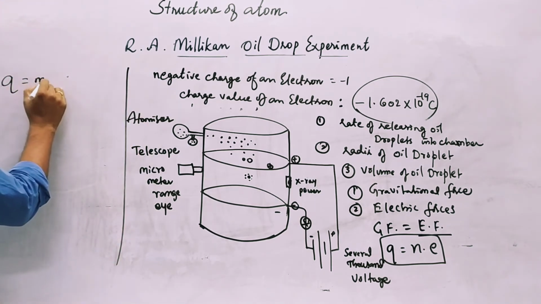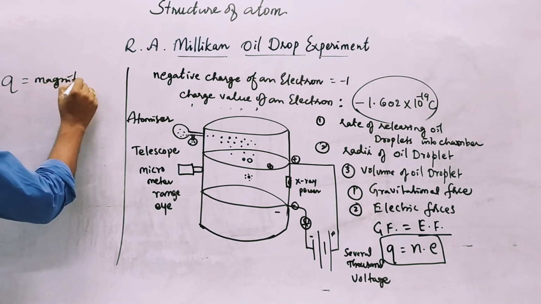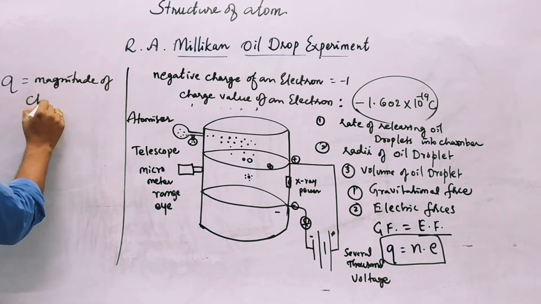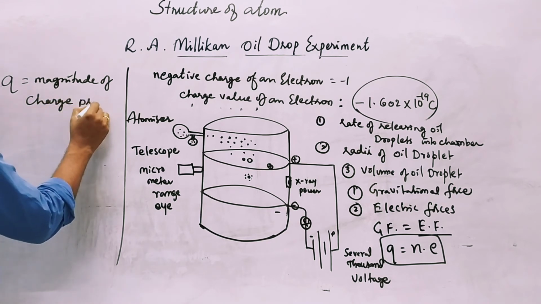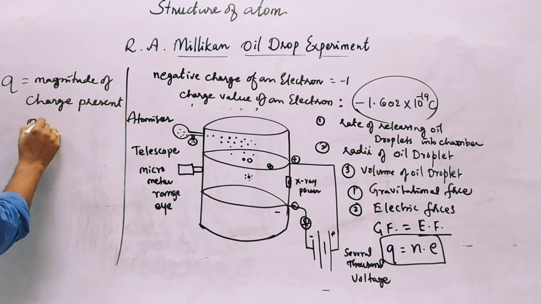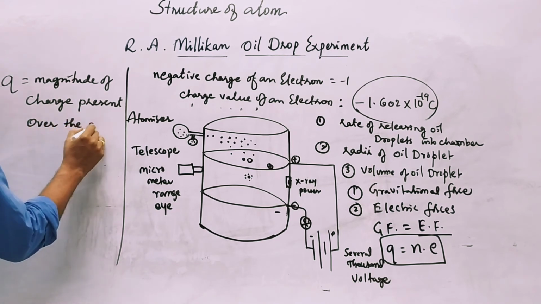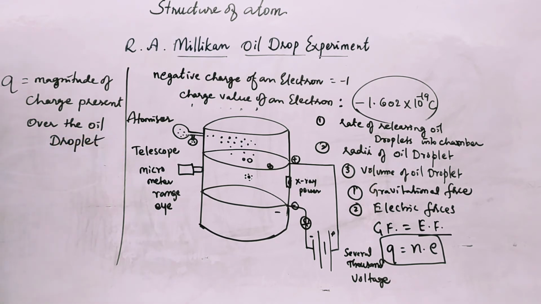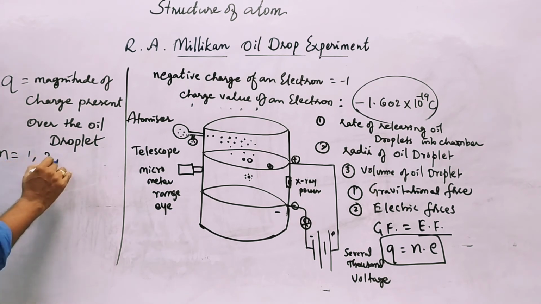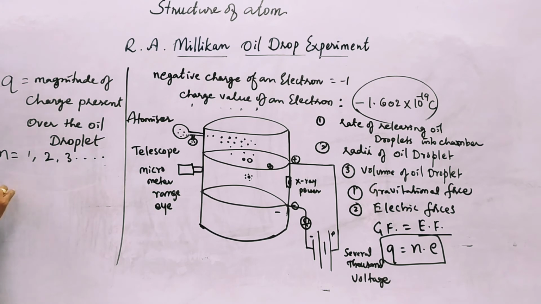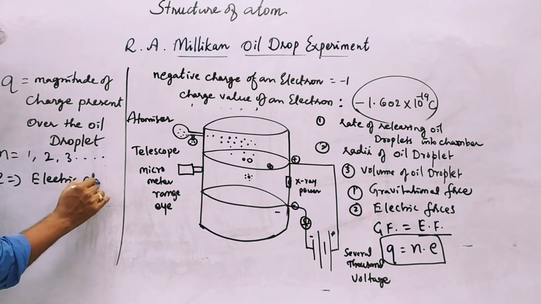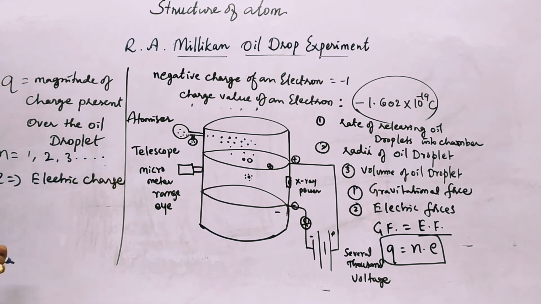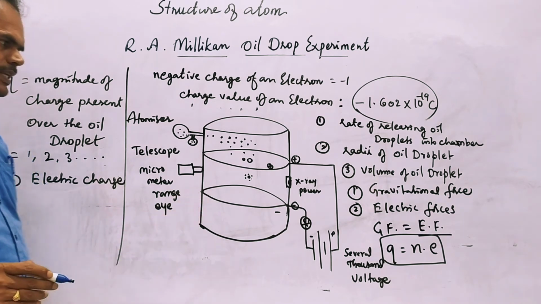Q is the magnitude of charge present on the oil droplet. n is an integral number 1, 2, 3 and so on. e is the electric charge applied by the voltage.